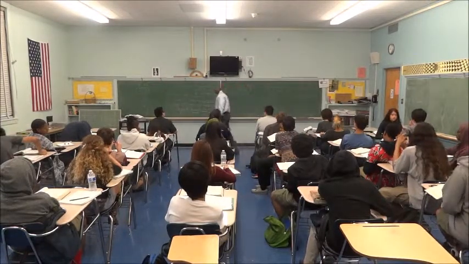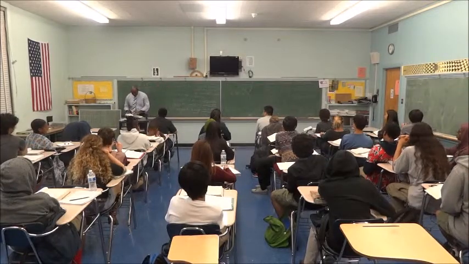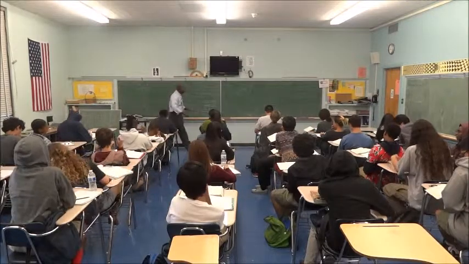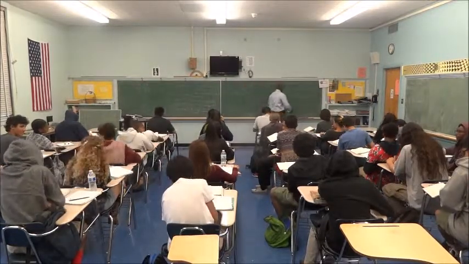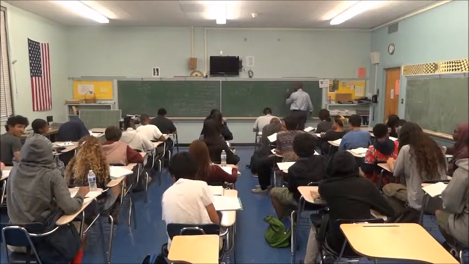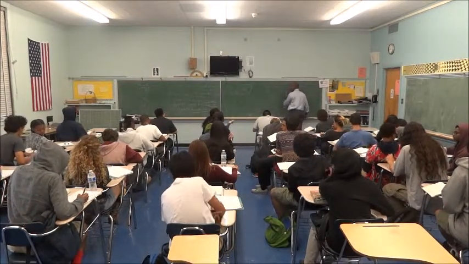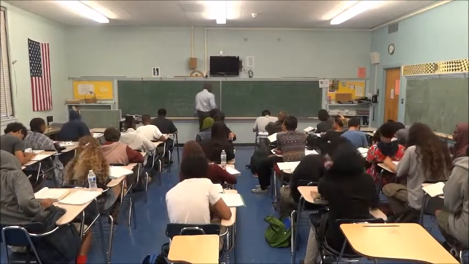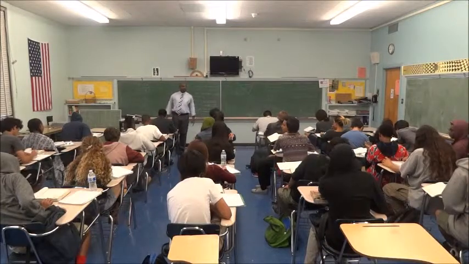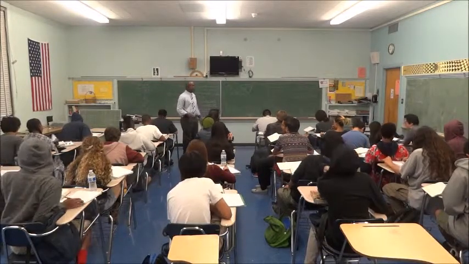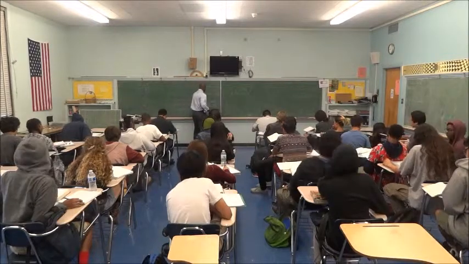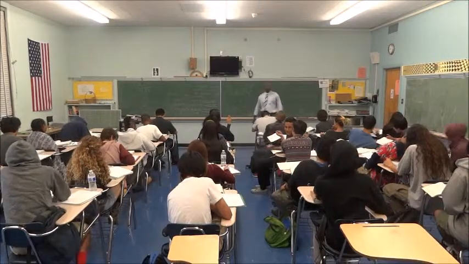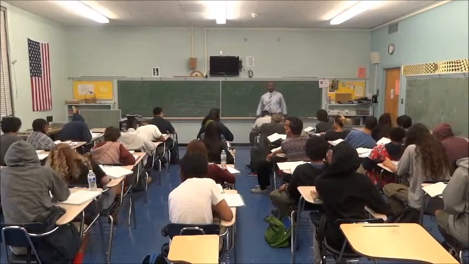Very good. Very quickly, I want you to go to page 168. I want you to do 6 through 8. So we've proven these 3 properties. Talk with a neighbor, 6 through 8. Opposite sides are congruent, opposite angles are congruent, and the diagonals bisect one another.